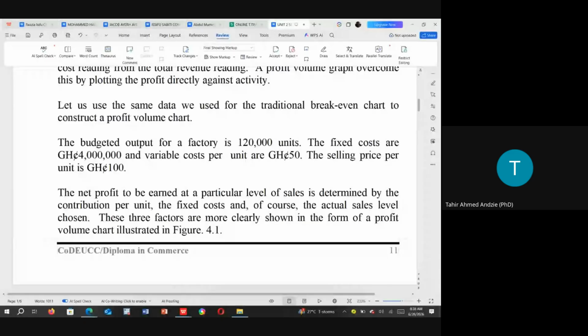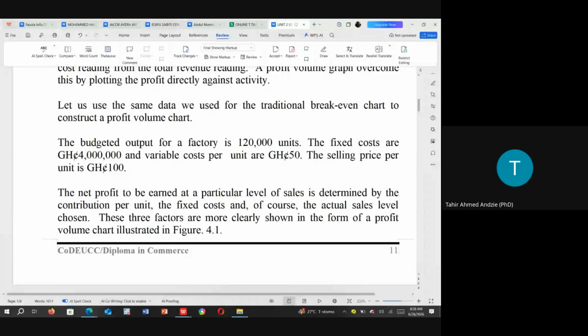These three factors are more clearly shown in the form of profit volume charts illustrated in 4.1 above. So to be able to plot this, you know that sales minus variable cost gives you the contribution, and then contribution minus fixed cost gives you the profit.